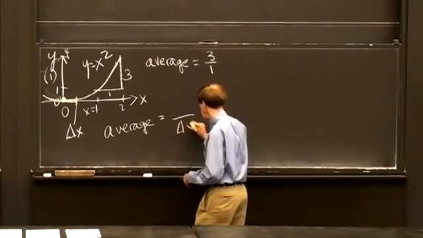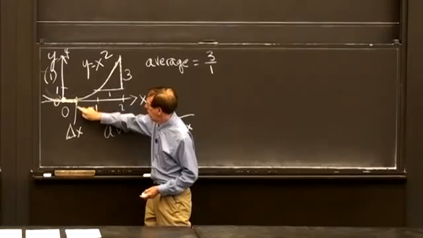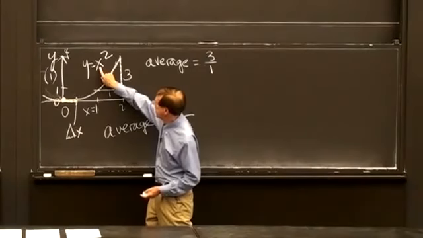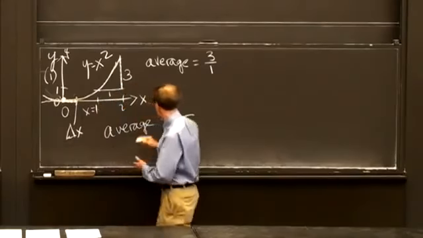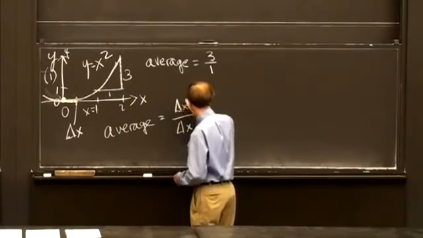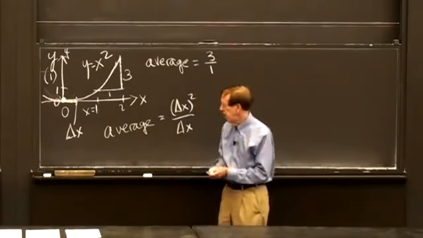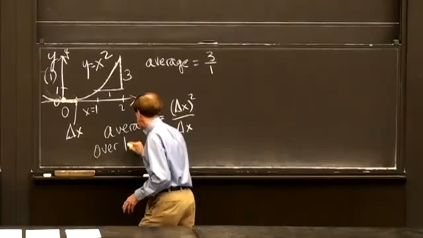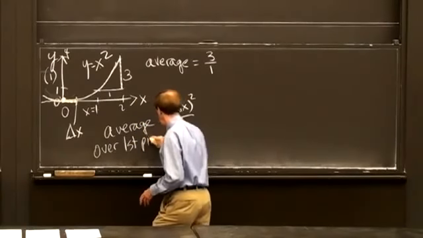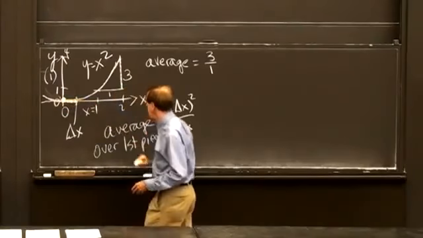Across is our usual delta x. How far did it go up? Well, if our curve is x squared and I'm at the point delta x, then it's delta x squared. That's the average over the first piece of the curve, out from here out to delta x.